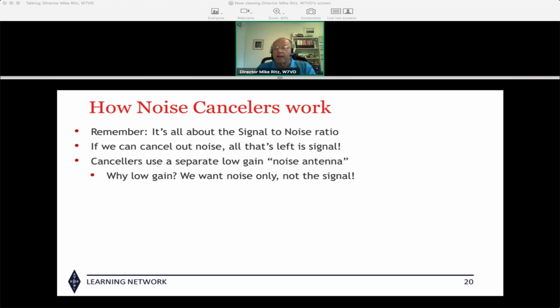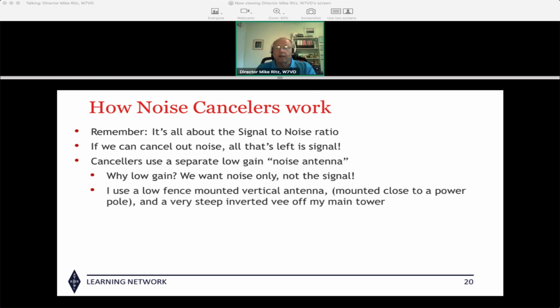The way they do this is by using a separate low gain noise antenna. So they use an antenna whose only job is to pick up noise. And why is it low gain? Because we want the noise only. We don't want the signal. I have two of them available to me. One is a really cheap, small vertical antenna that I have mounted pretty close to a power pole where my power comes into my house.